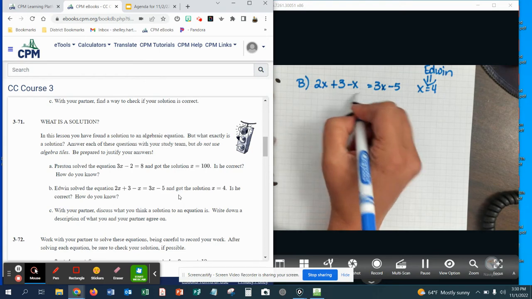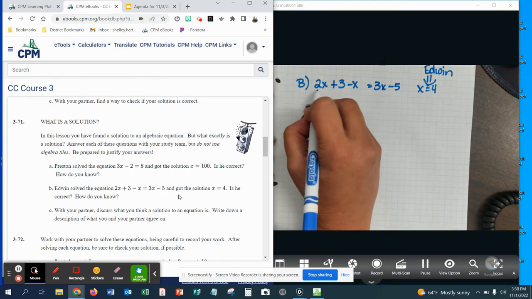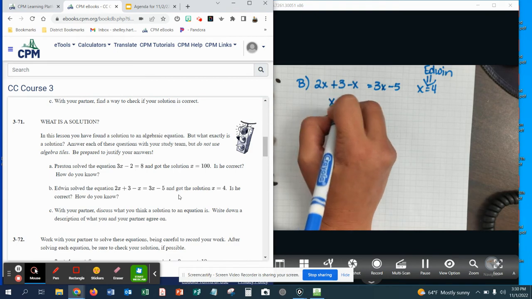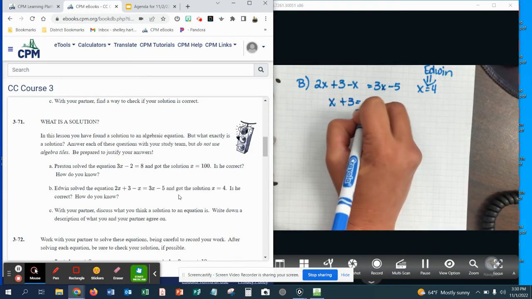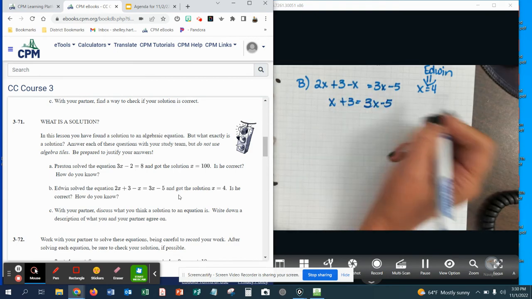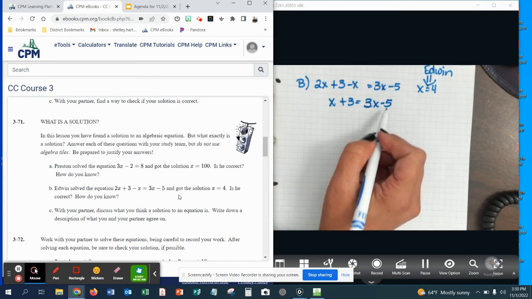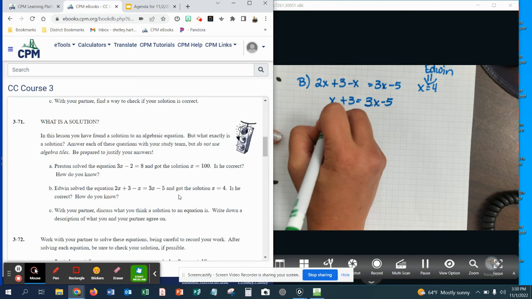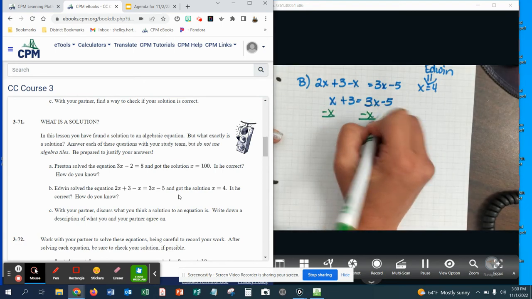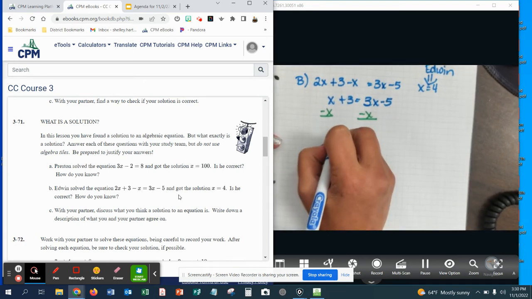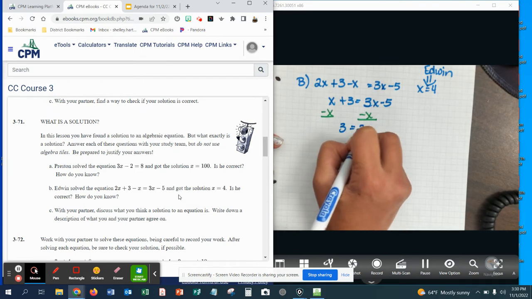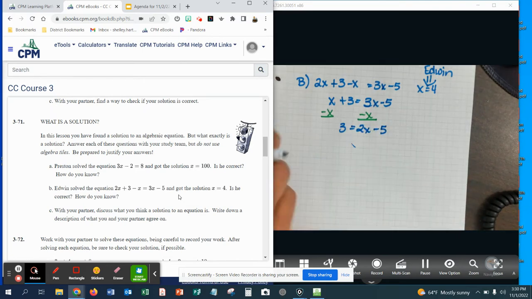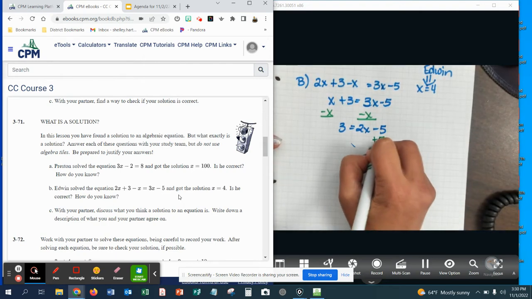So on this side, I'm going to combine like terms. 2x minus x is x, plus 3 equals 3x minus 5. Now I'm going to move this x to the right to get all the x's on one side. So I'm going to subtract x to get rid of it, and rewrite. So I have 3 equals 2x minus 5. I'm going to bring that over here by adding 5 to both sides.